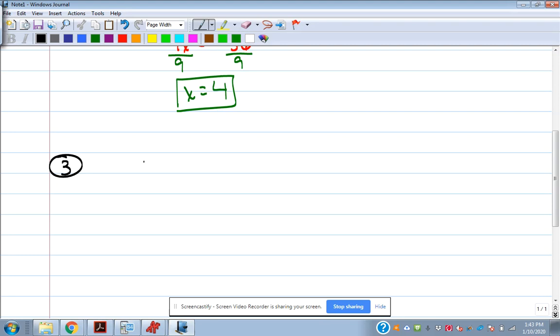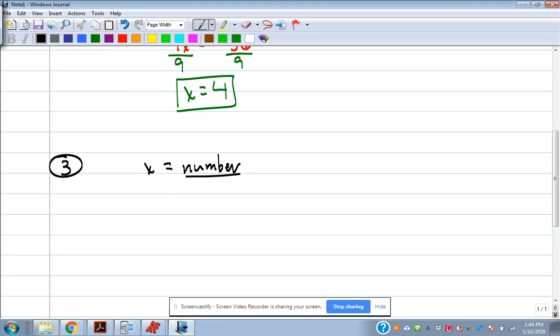So let's let x be the number. That's the first thing. And I'm just picking x just because that's the one I always pick. There's really no reason. And then one number is 9 more than twice another number. So if this is the first number, then the second number would be 9 more than twice that number.